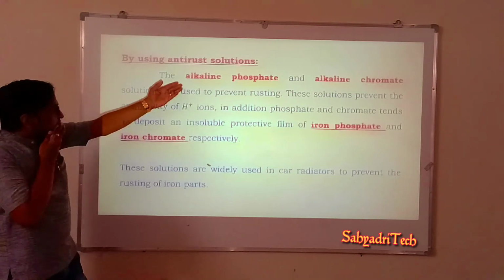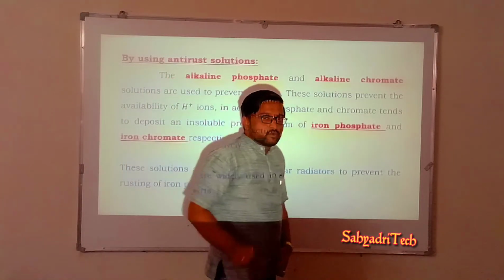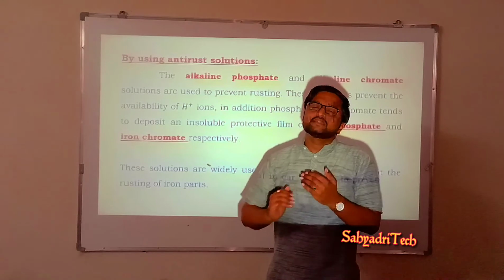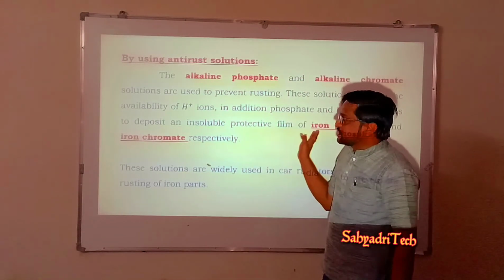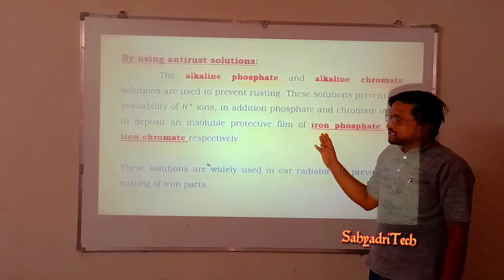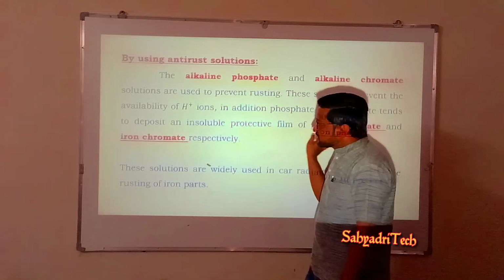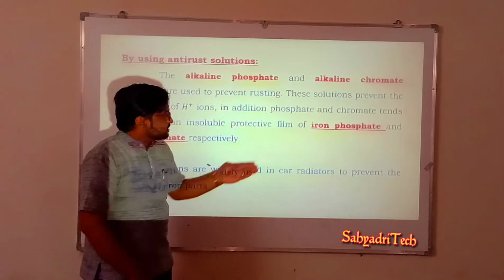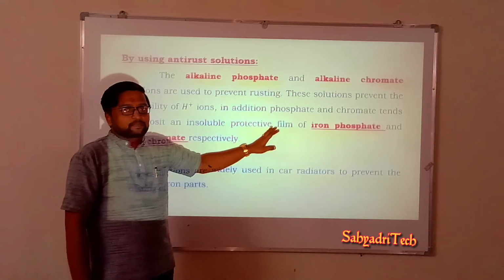Means in the alkaline phosphate and alkaline chromate solution, whatever phosphate ion and chromate ion is present, they combine with the iron and get converted into respective stable compounds, that is iron phosphate and iron chromate. Now these compounds that form are going to create a barrier, a protective film on the iron surface.